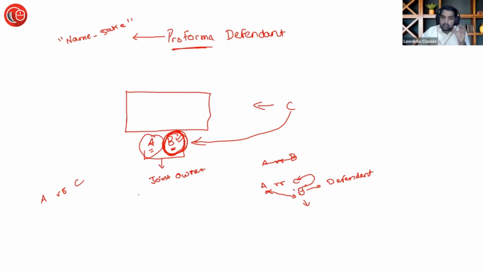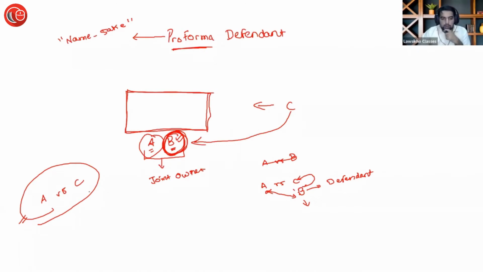B can obstruct the decree in future. B can come to the court and say, see, you have decided my title in this suit A versus C, and I was not there. The court will decide on the whole property. So B will say you decided my title and I was not there. So B has the capacity to obstruct this decree.